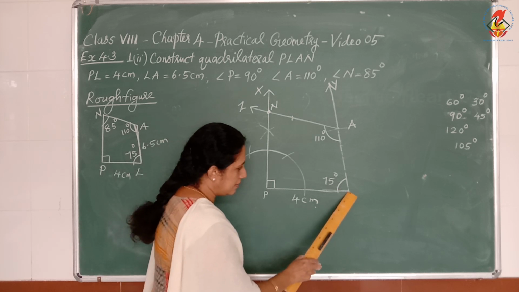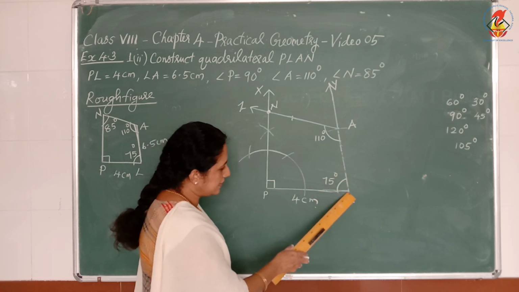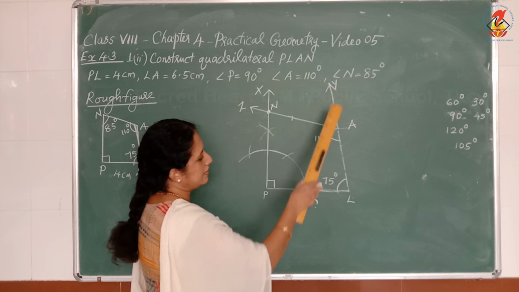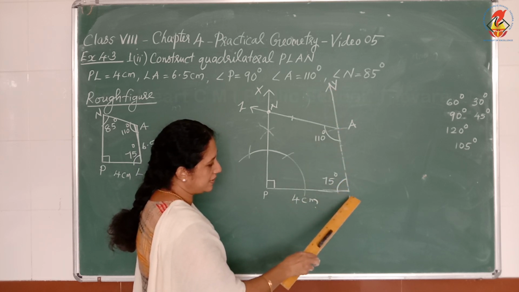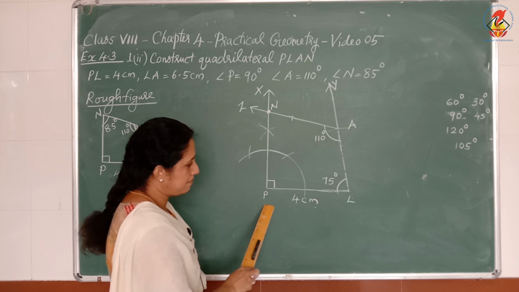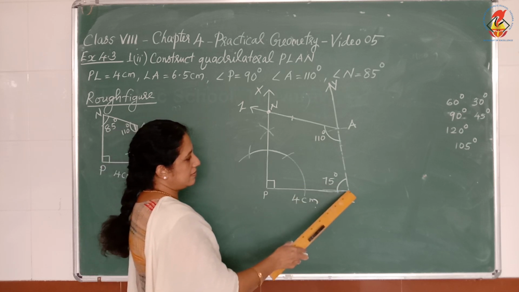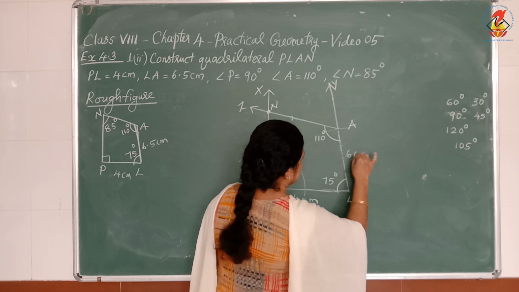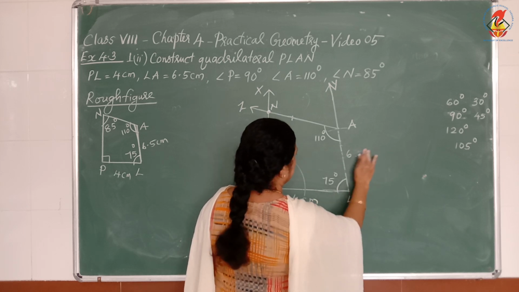Then fourth step, at L, draw ray LY, making an angle of 75 degree with the LP.